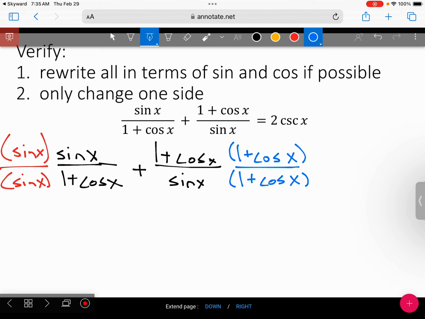Once you get to where I've gone on the board, where you've written out what your common denominator is going to look like, take it a step further. See if you can add those together.